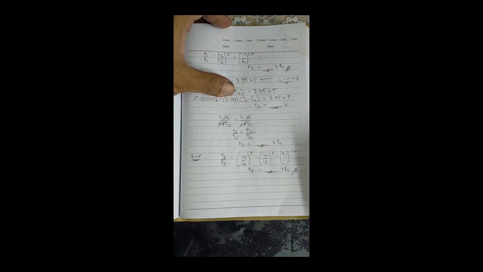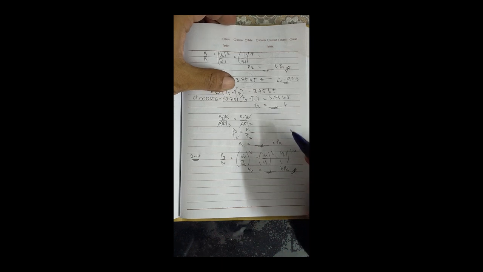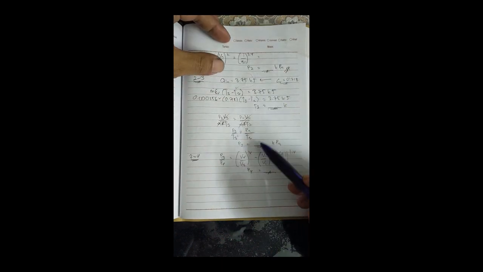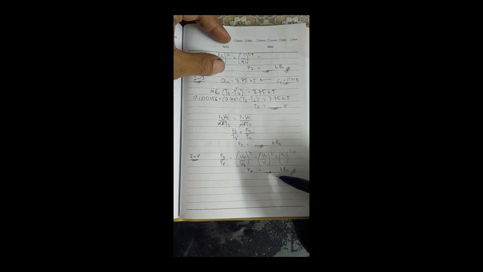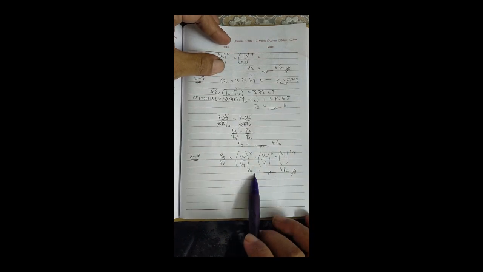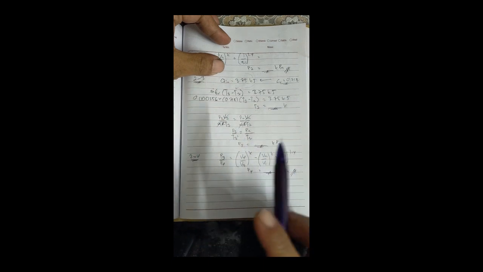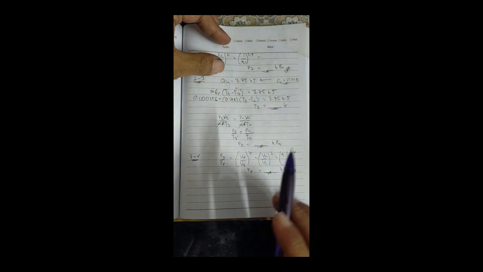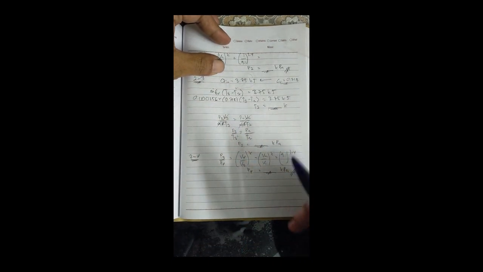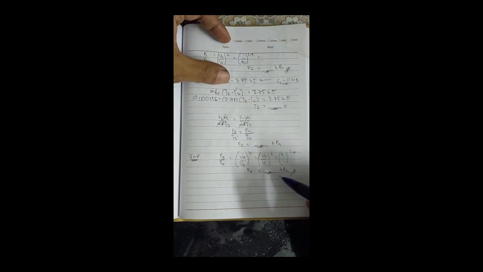Don't be surprised, P3 is very high, and P4 we can recheck. It is near the value of P2, because the point is near to P2 somewhere.